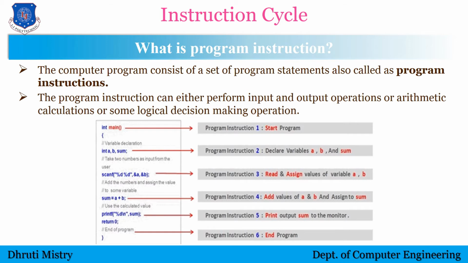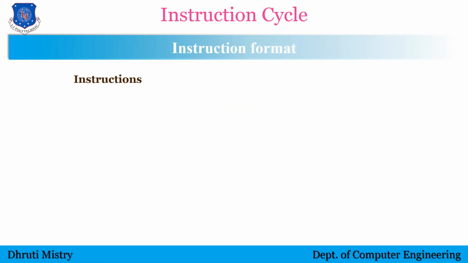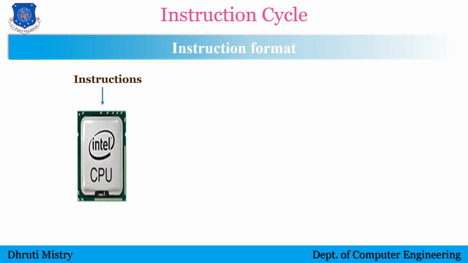The computer program consists of a number of instructions which direct the CPU to perform specific operations. However, the CPU needs to know the details such as which operation is to be performed and on which data.